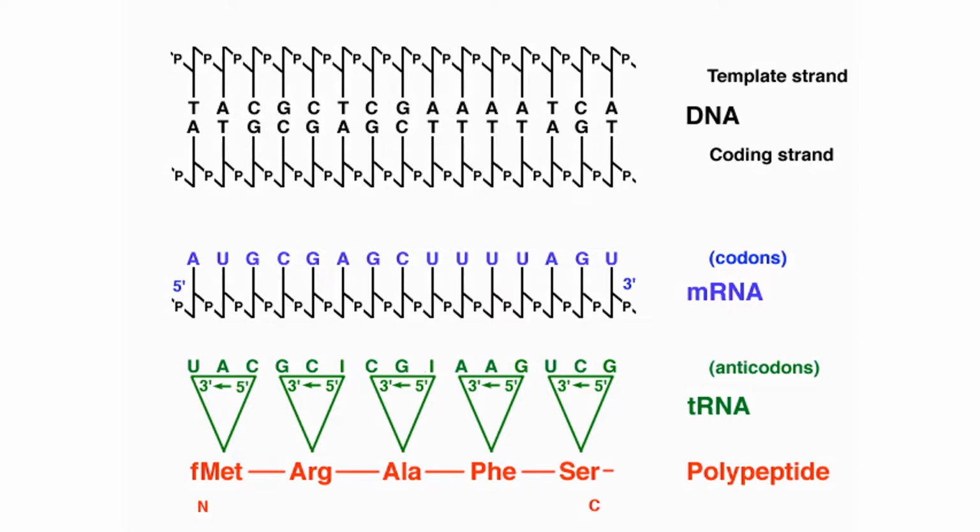So this slide just shows the flow, basically, of that genetic information from DNA, the template strand, the coding strand, the mRNA, which we'll find has words of its own called codons, and then the tRNA contain the anticodons that help bring the correct amino acids in when we're synthesizing a polypeptide.